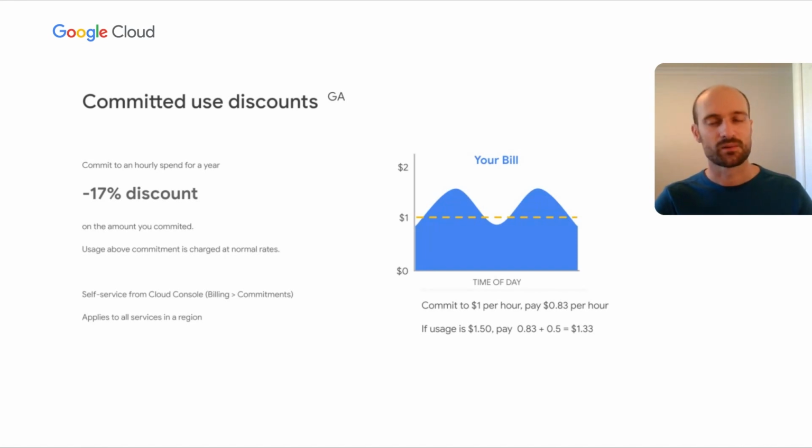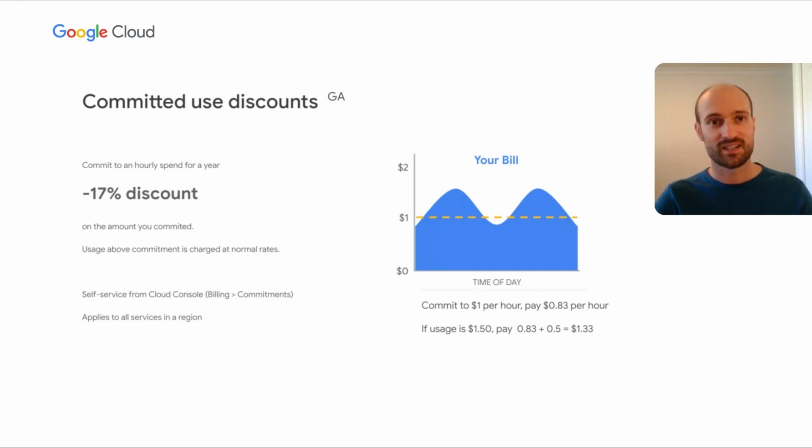Let's take an example. On the right, we can see an example Cloud Run bill over time. This basically reflects the Cloud Run usage over time. As you can see, because most of the time the bill is above $1, it makes it very economical in that situation to commit to a $1 per hour usage.